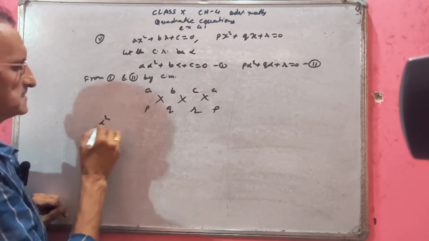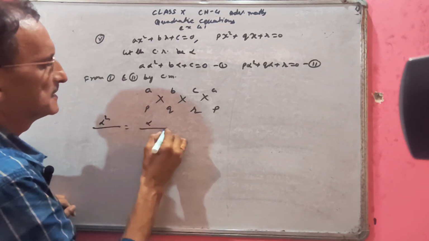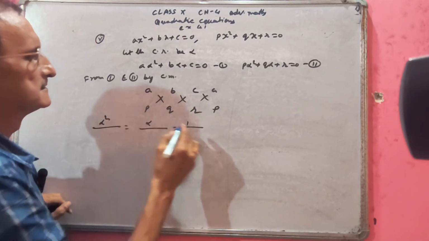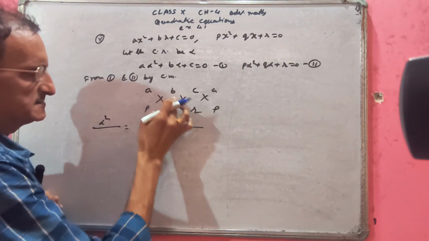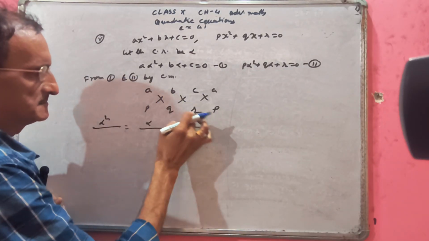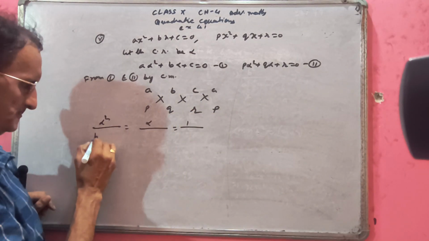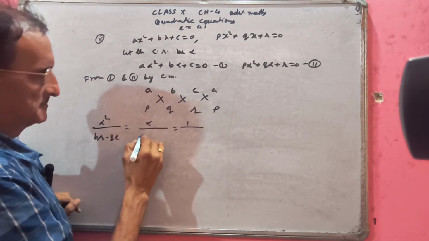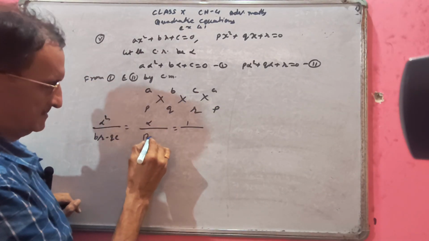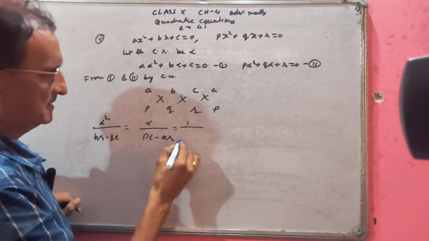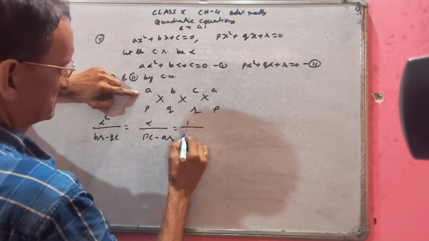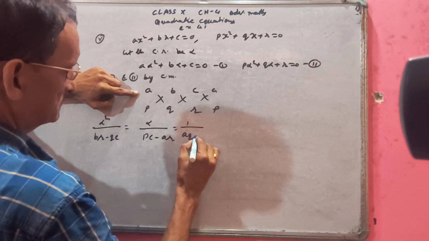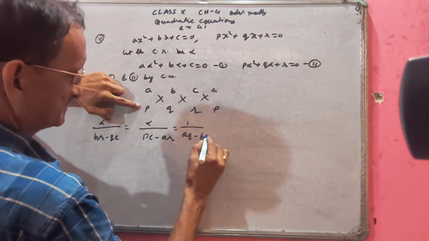To find alpha square by alpha by 1 by. So alpha square value, this into this: br minus qc, alpha by pc minus ar, and 1 by aq minus bp.